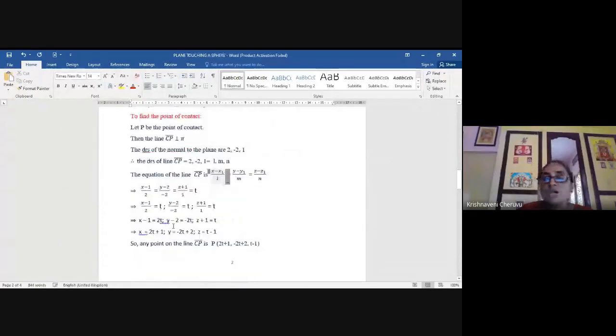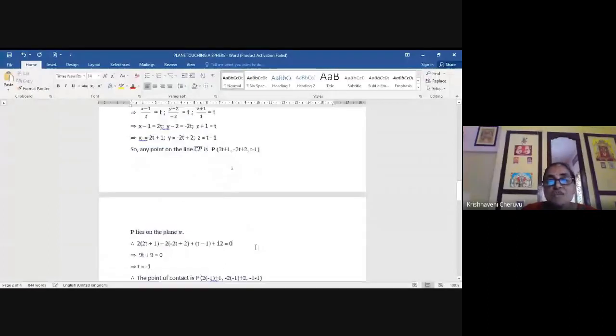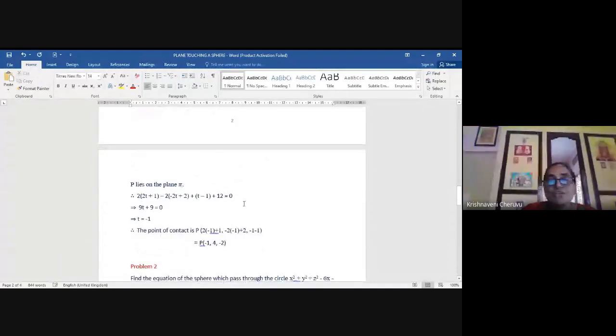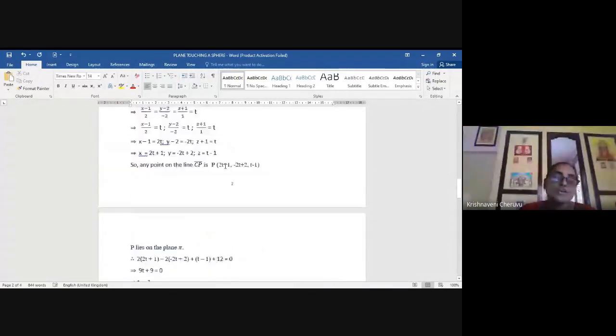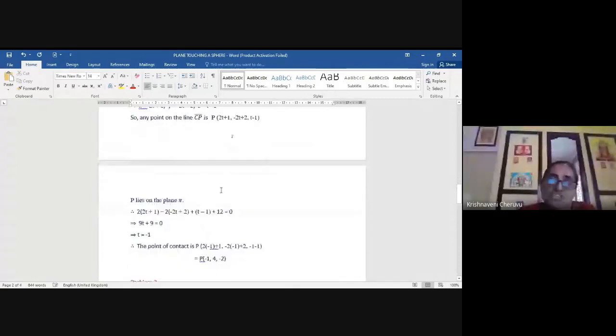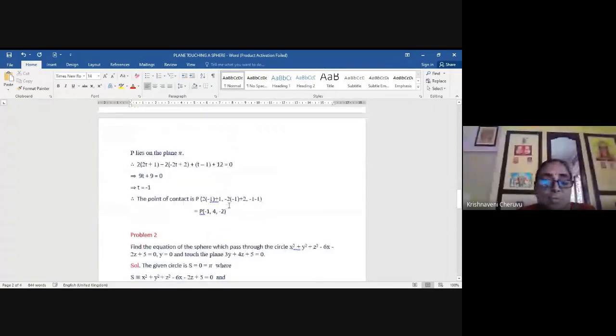Your aim is to find the point P, which is the point of contact, and to get this point P you have to find t. P is also lying on the plane pi, so it will satisfy the equation of the plane, from which you get the t value, and substitute this t value in the point P to get the required point of contact. So the first question is very simple. We simply checked whether the given plane is touching the sphere, and then you found the point of contact.